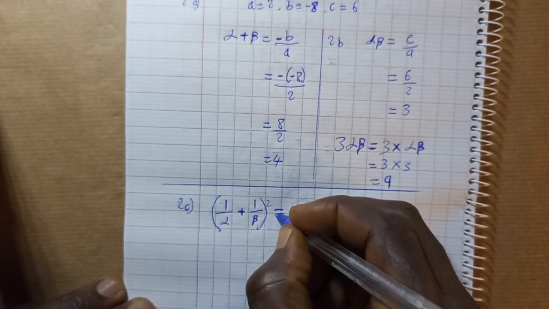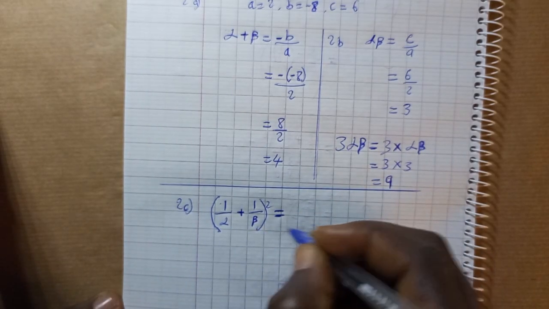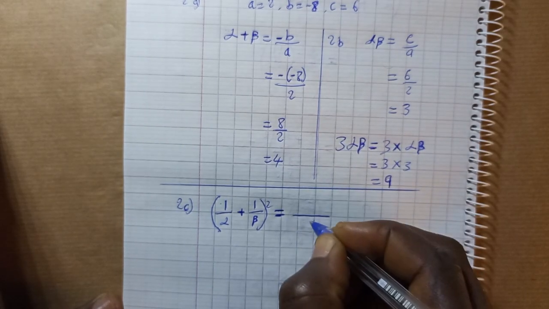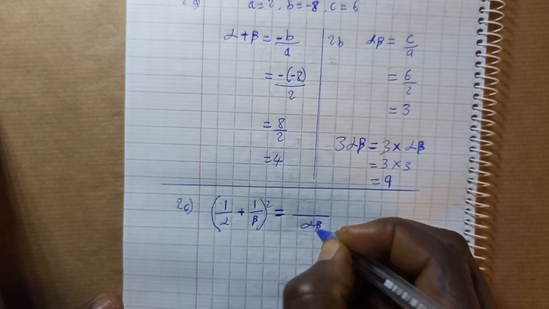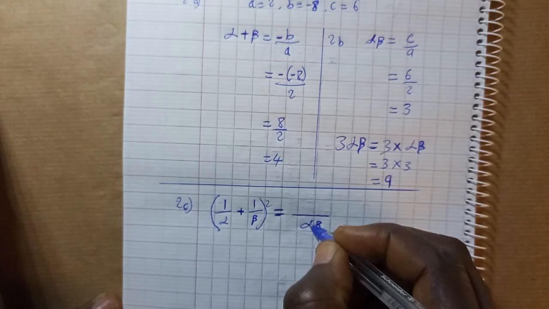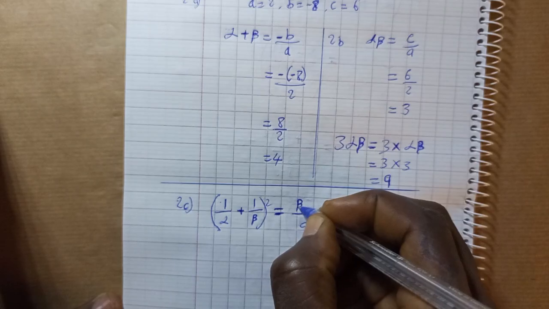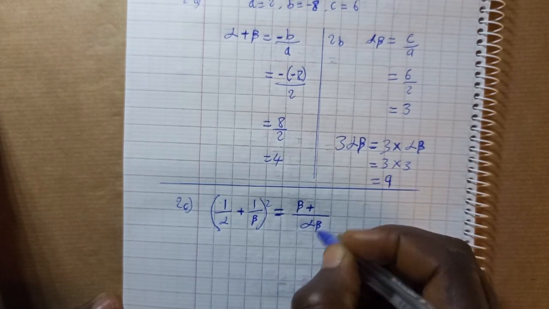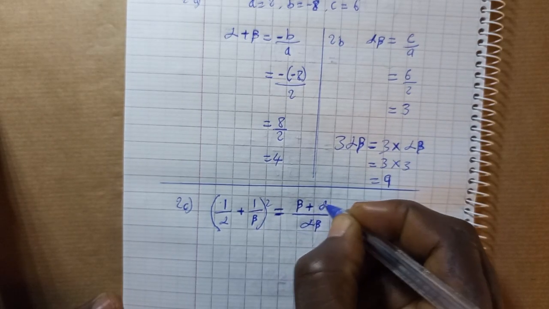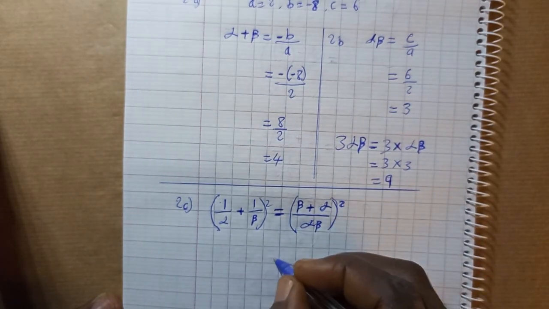Now this particular one can be simplified to have (β plus α) over αβ, bracket everything, square. When you simplify, the numerator becomes β plus α.